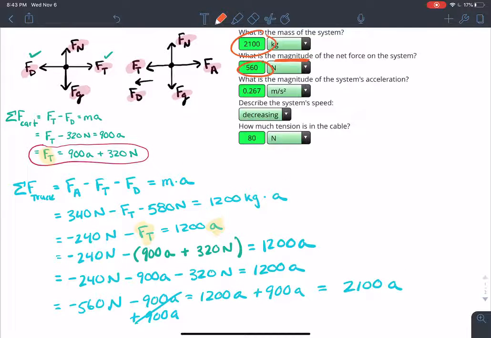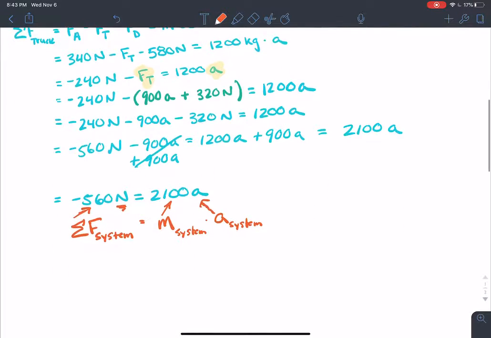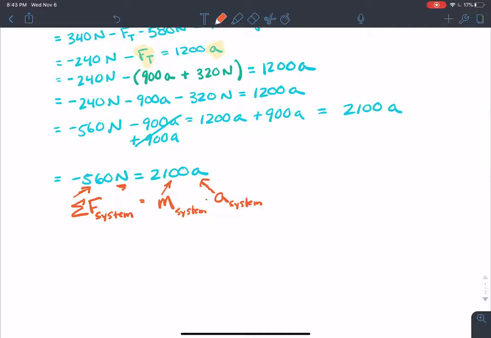What's the magnitude of the system's acceleration? Uh-oh, we haven't solved that yet. But thankfully, we are in a situation where we have just one unknown. We know negative 560 is equal to the 2100A. I can just divide by 2100 to get A by itself.